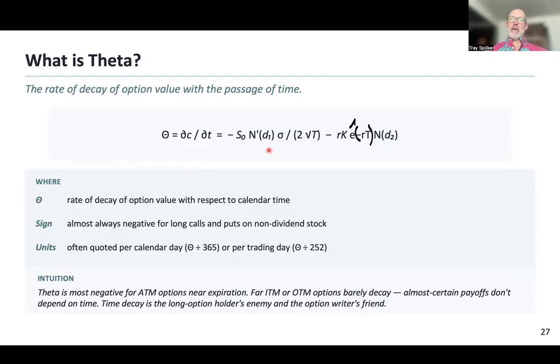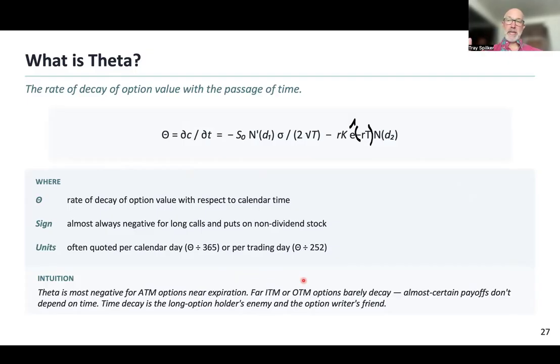The magnitude of theta loss, kind of the opposite of gamma, is that it's largest for at the money options near expiration. Deep in the money or deep out of the money options are barely going to be decaying any theta because it's almost certain what the payoffs are going to be, and so those payoffs won't depend on time.